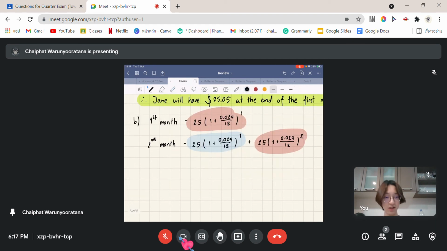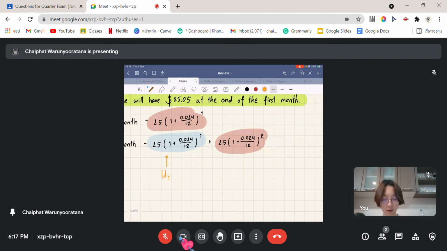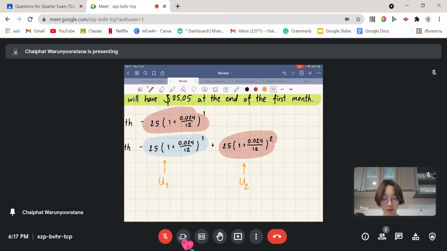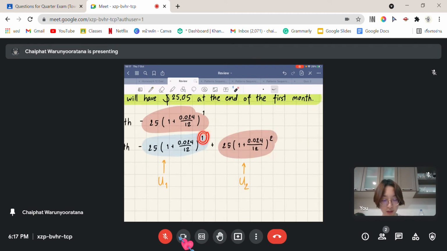And if we take a look at it carefully, we can see that this is actually a sequence where this right here is the first term or U1, and then this is going to be U2. The difference can be seen here in these two numbers. This means that U2 is U1, but we have to multiply this set of numbers again.